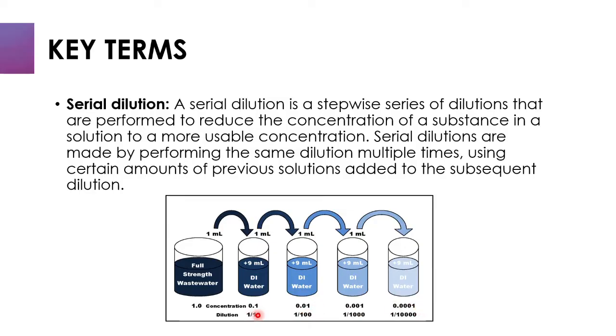And these are the dilution factors for each dilution. The dilution factor for this concentration is 1 divided by 10, for this one 1 divided by 100, this is 1 divided by 1,000, and this is 1 divided by 10,000.